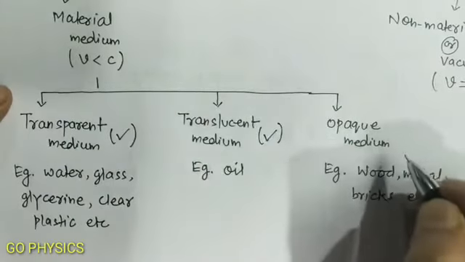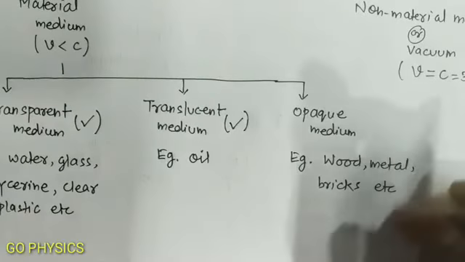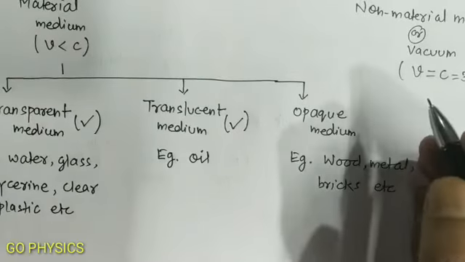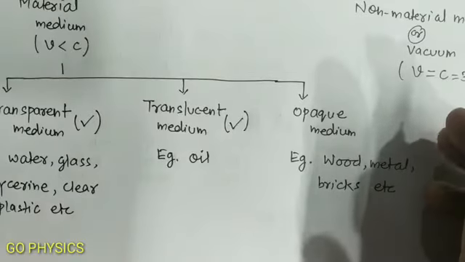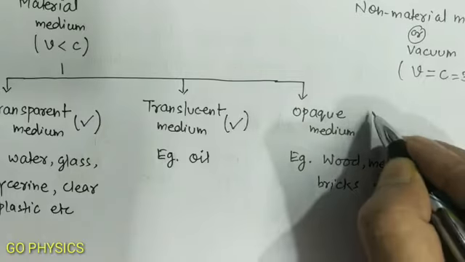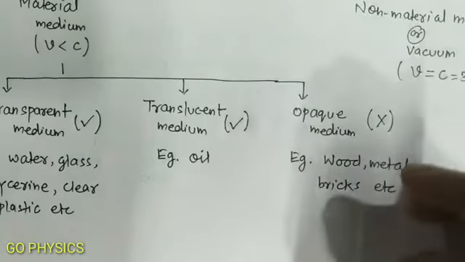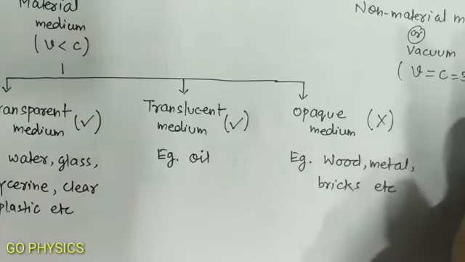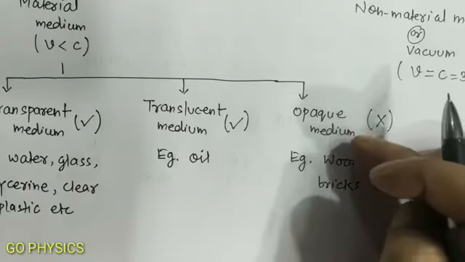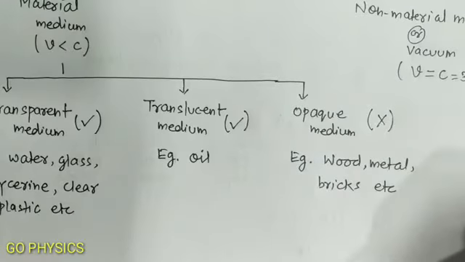Now let's talk about opaque medium, that is, wood, metal, brick, etc. In case of opaque medium, light cannot travel. That is, light cannot pass through wood. So through an opaque medium, light cannot travel.